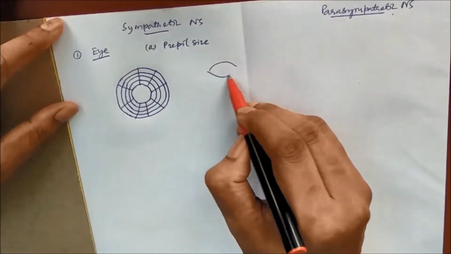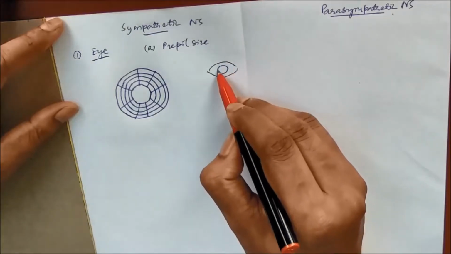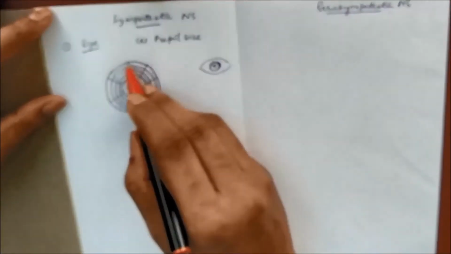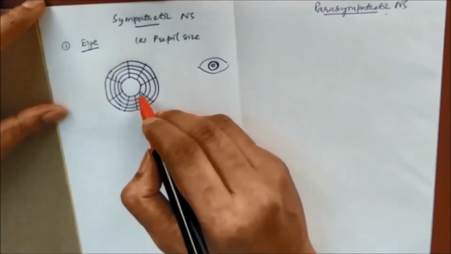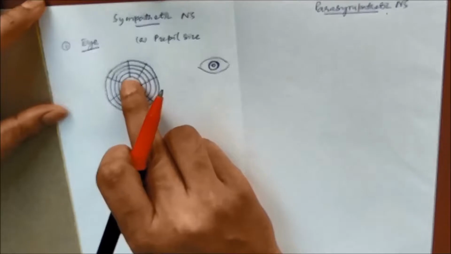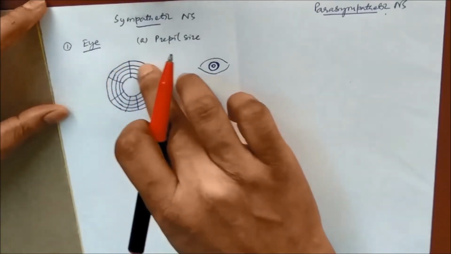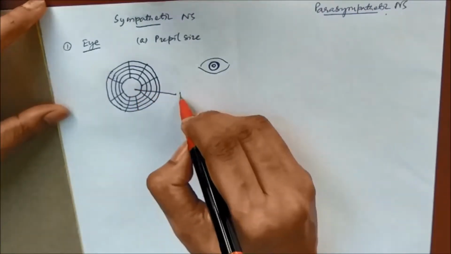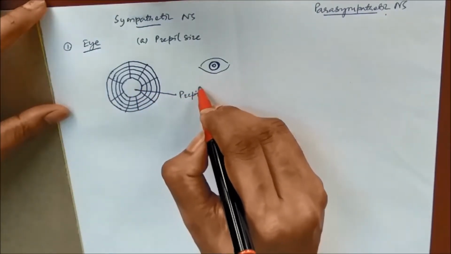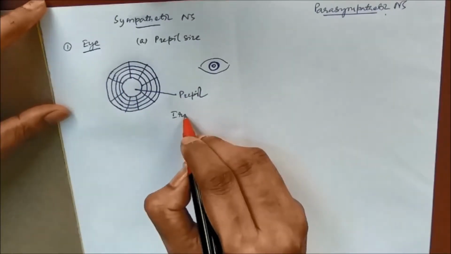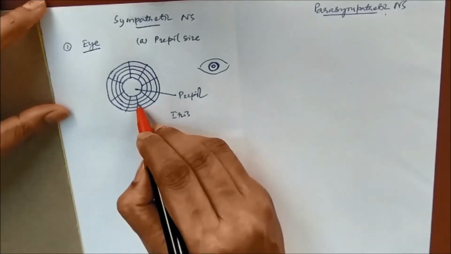Suppose this is our eye, and if we look at this part, it will look like this. This part consists of smooth muscle and this is the gap. This gap is called the pupil, and this part is called the iris. The iris contains two types of smooth muscle.